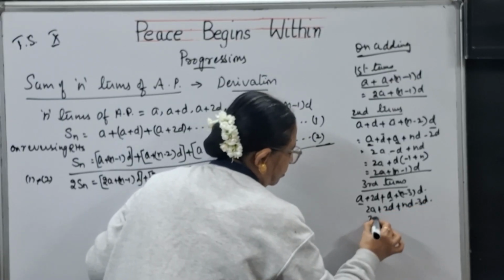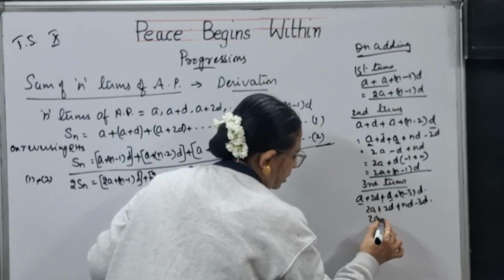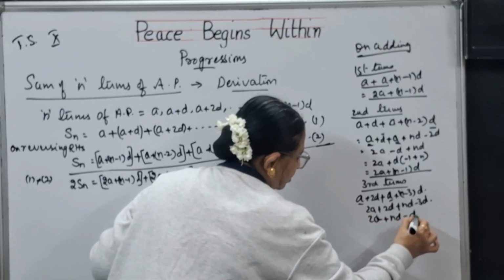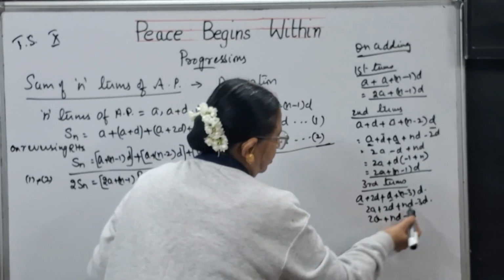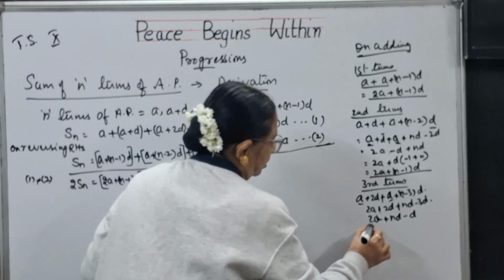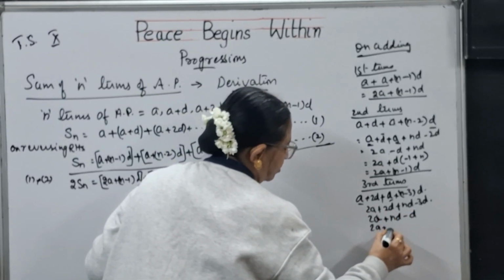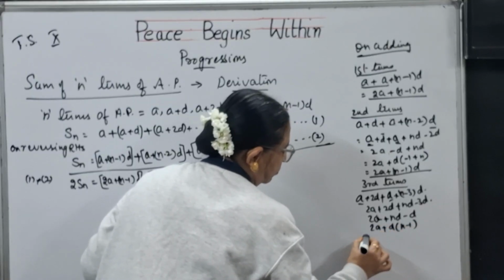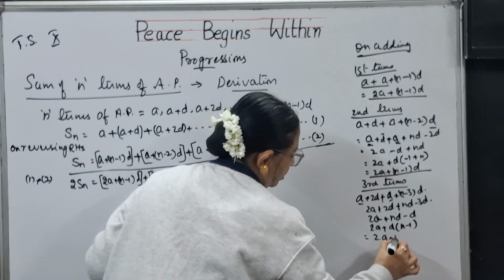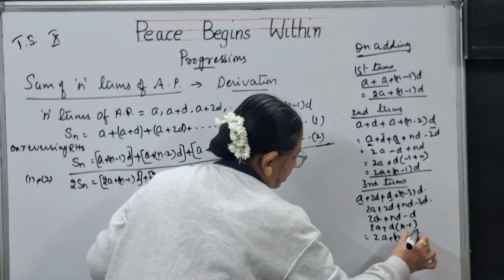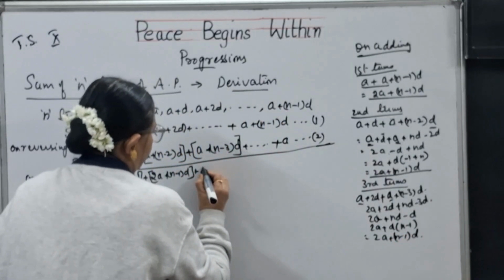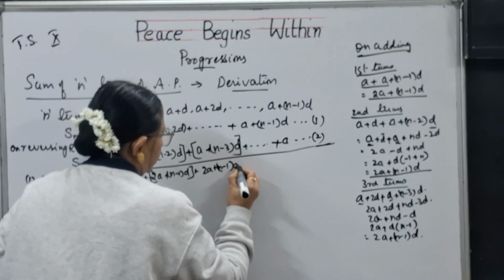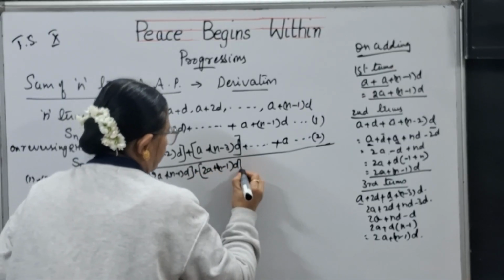Let me write it as 2a plus nd minus d. Why? Minus 3d plus 2d is minus d. That means 2a plus d common, n minus 1. That means what you are getting? 2a plus n minus 1 into d. So even this is 2a plus n minus 1 into d. This is the third term.